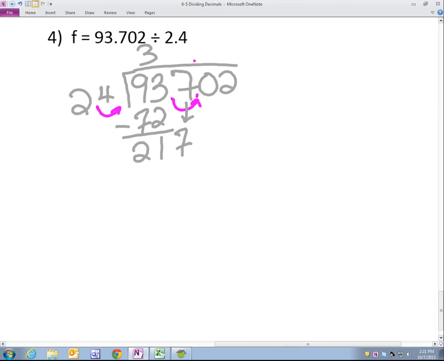But if I'm trying to find out how many times 24 goes into 217, I know that 24 times 10 is just 240, which is too much. 24 times 8, I'll try that. 4 times 8 is 32. Then I have 16, 192.